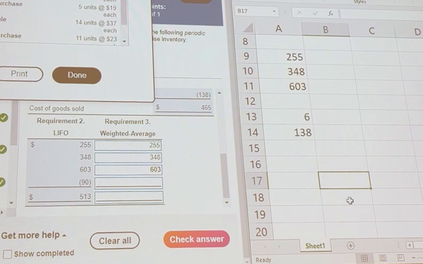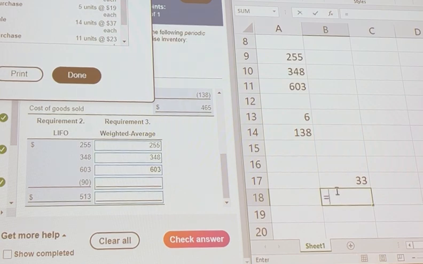Now the units available for sale, we would be taking the 17 that we had in beginning inventory plus the 5 that we purchased plus the 11 that we purchased. So that's 33 units that we have available for sale.